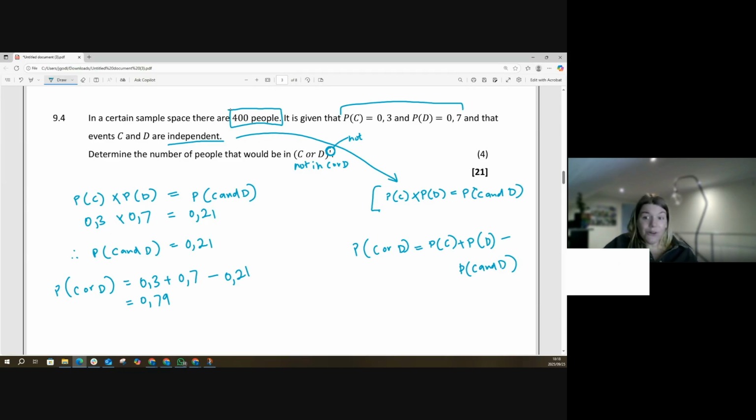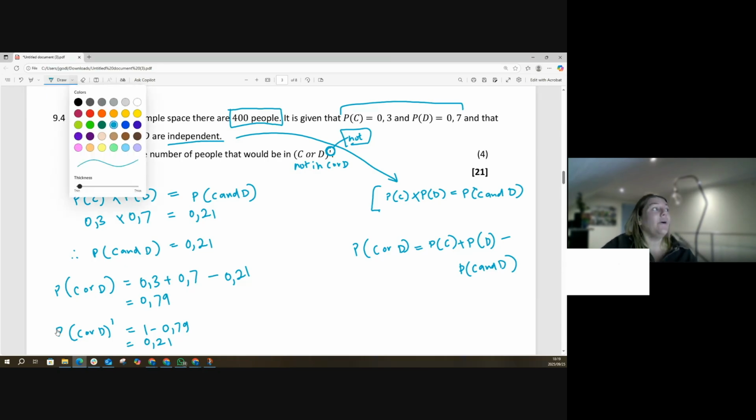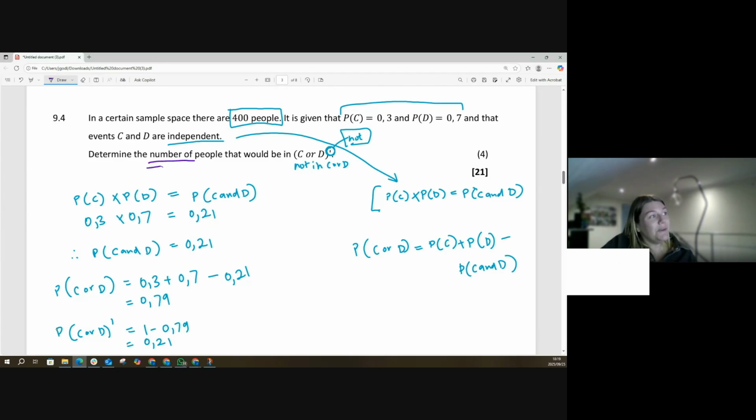But we don't want to know about the people who are C or D. We want to not have those people. So we can just say the probability of C or D not is 1 minus 0.79, which is 0.21. And that's most of the way. However, it said in the question, determine the number of people.